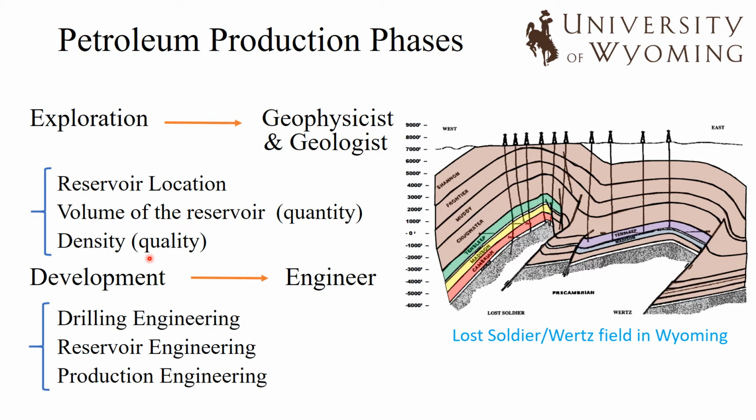Sometimes some reservoirs have crude oil that is spread across a large area, and then the density of its presence, or its quality, becomes low. We actually want the same amount of crude oil to be accumulated in a smaller place so that we can drill a small number of wells and produce as much as we can from this crude oil. The development phase is the engineer's job.